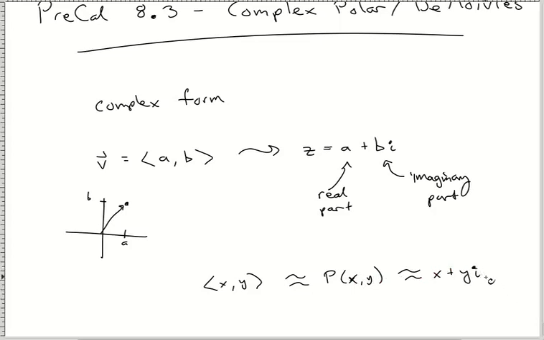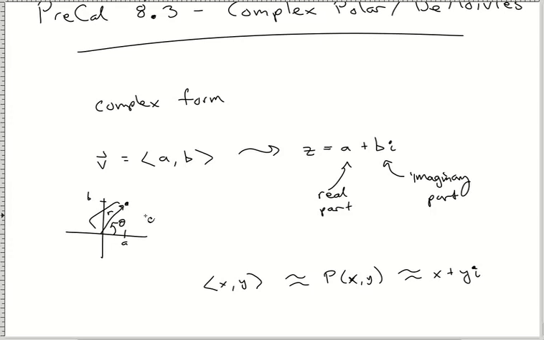I'm using the vector idea because we're going to be talking about radius and angle pretty soon. So this would be your radius, that distance, and this would be your theta. It's all interconnected, so let's start with some examples.